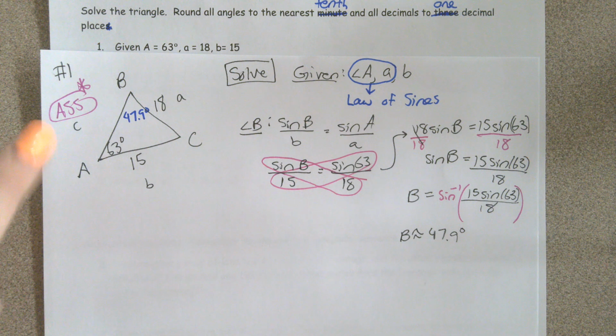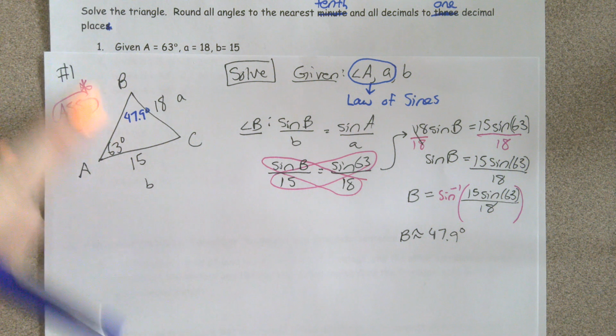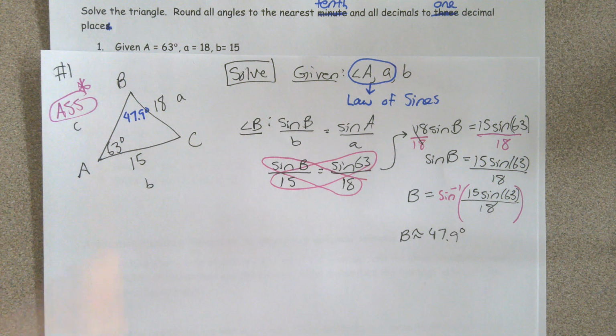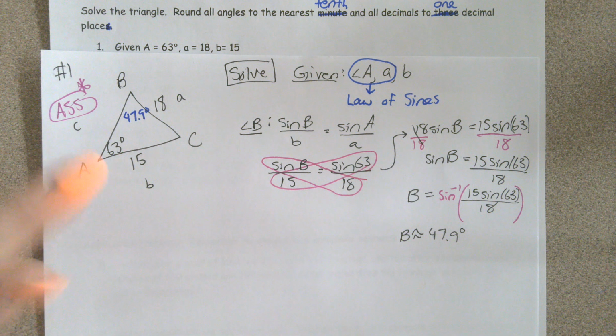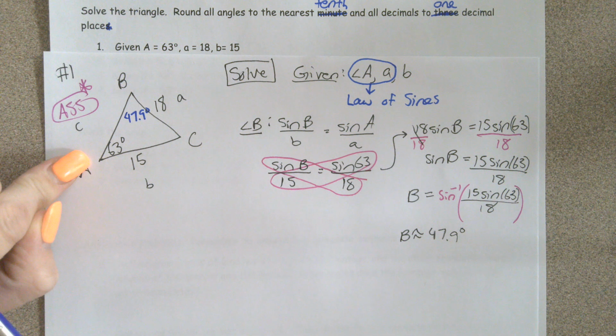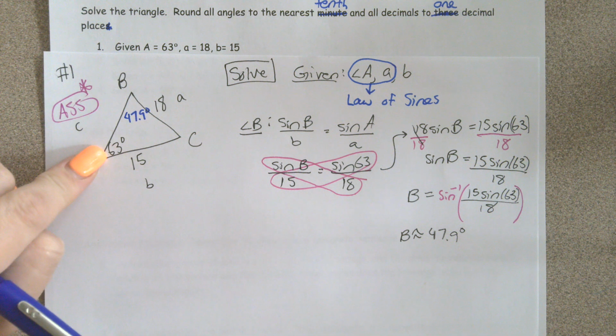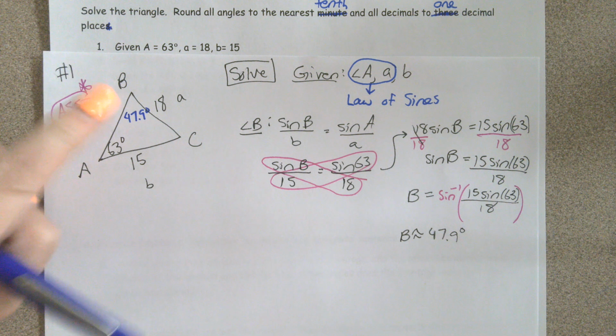When we get a second triangle, we're exploring two scenarios. The first scenario, which we always start with, is B is acute. The second scenario is B is obtuse. If b is smaller than a, we cannot explore that obtuse scenario because this relationship is strict. This isn't by happenstance that b is smaller than a.